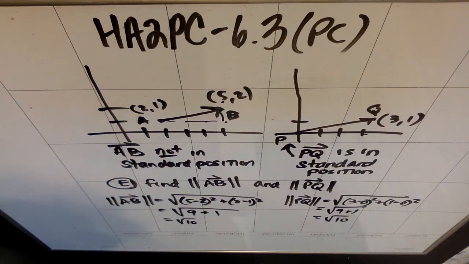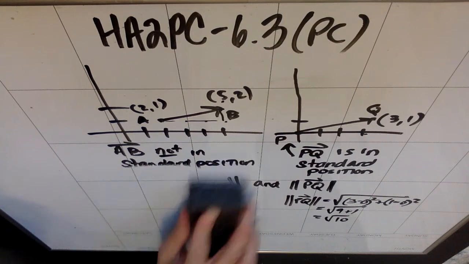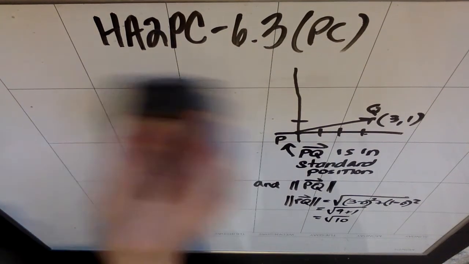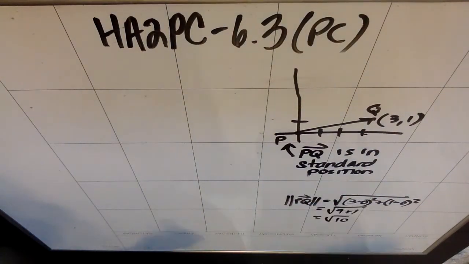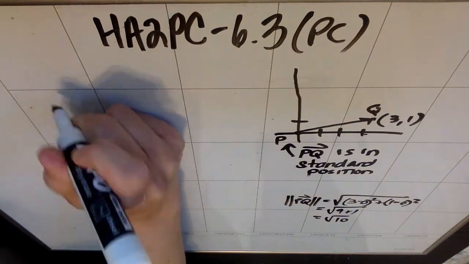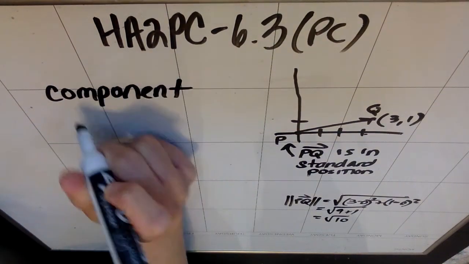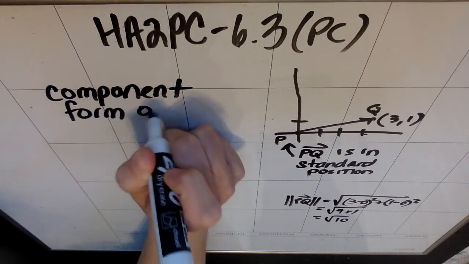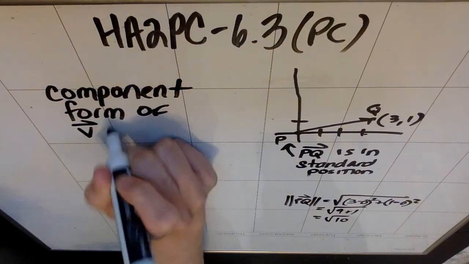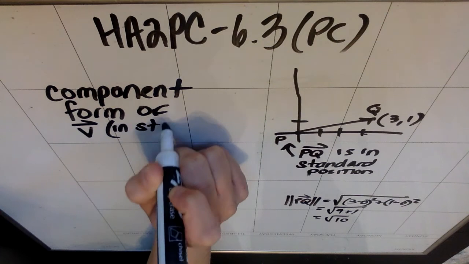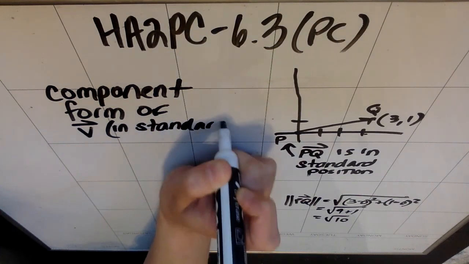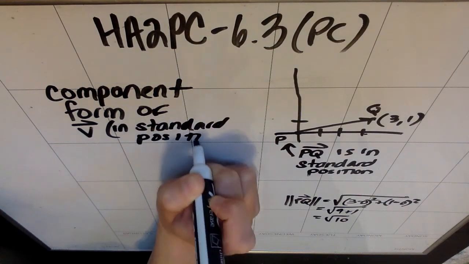Okay, so PQ can be named in a different way. When we talk about PQ, we can use something called component form. This is my personal preference for how to write vectors. So, component form of a vector: we'll say vector V, which is in standard position, meaning that its initial point is at the origin.